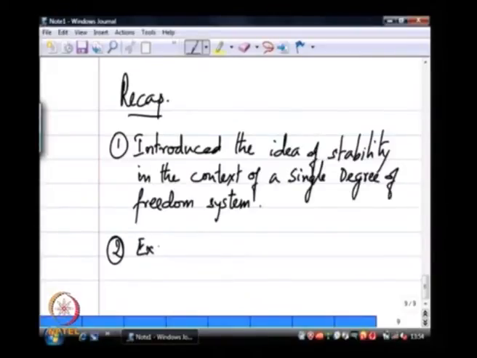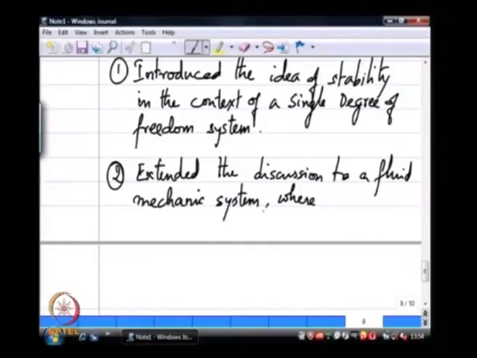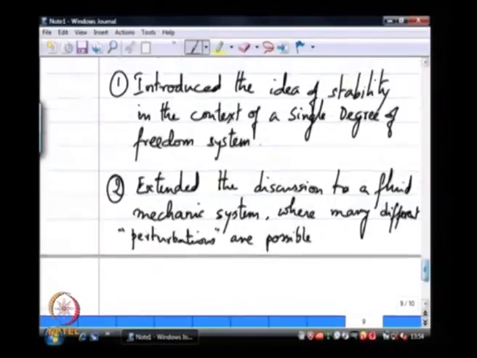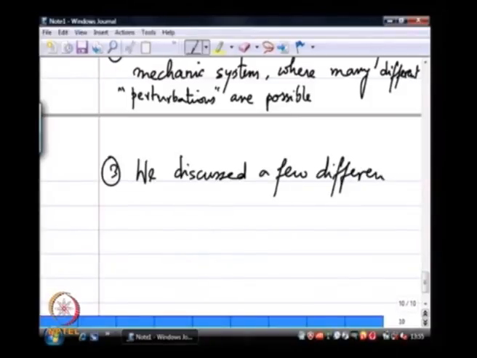And then we extended the discussion. And then finally, we discussed a few different flow systems and the related instabilities.